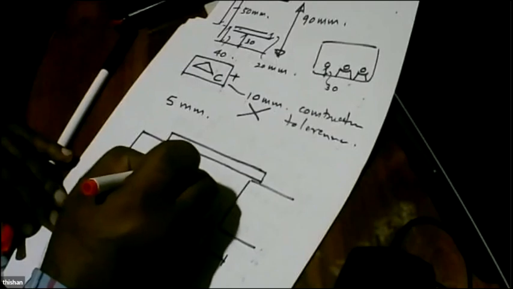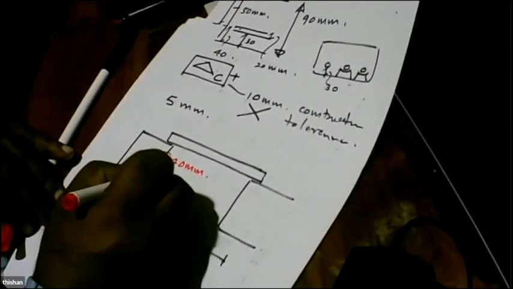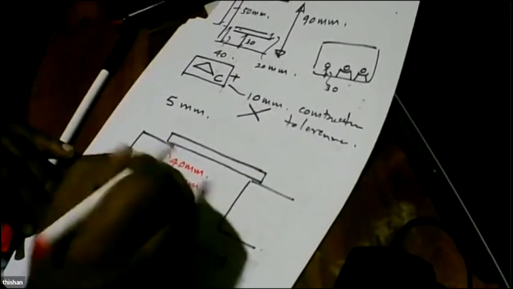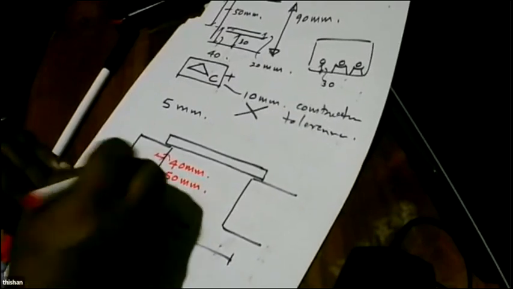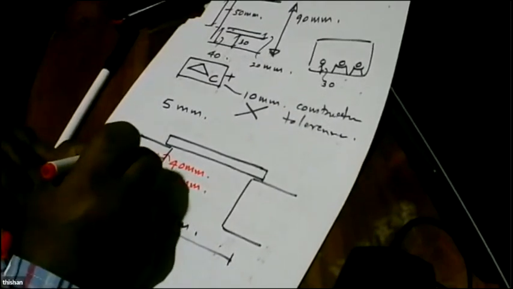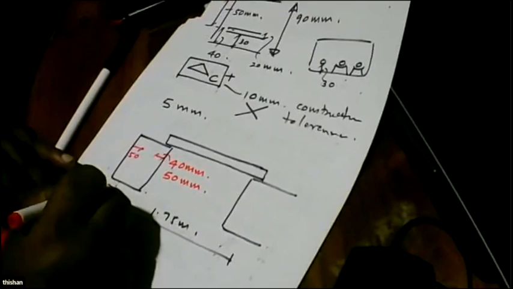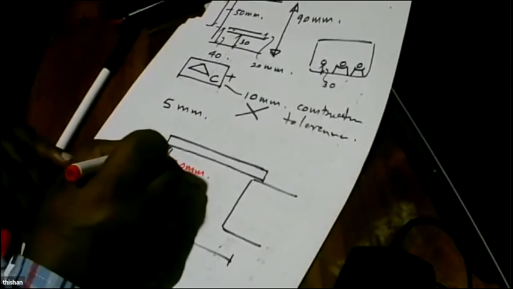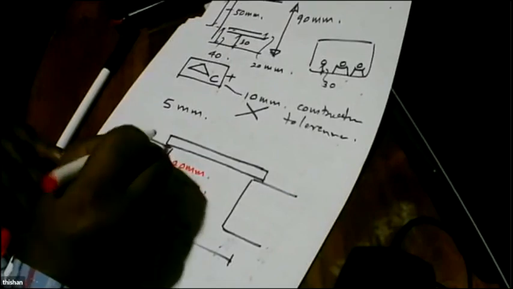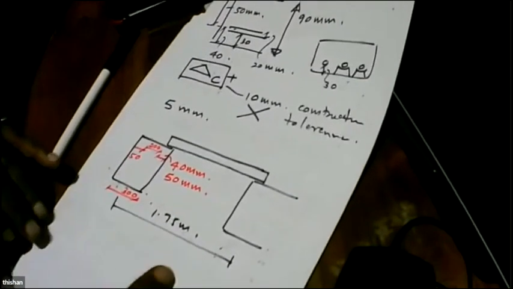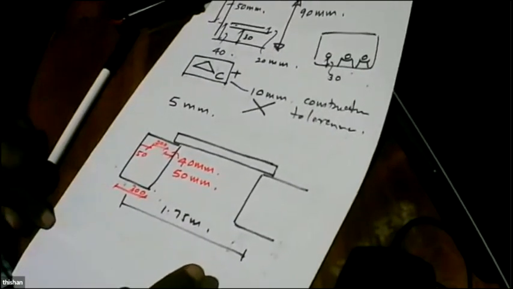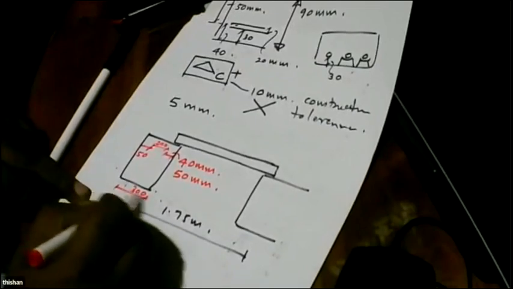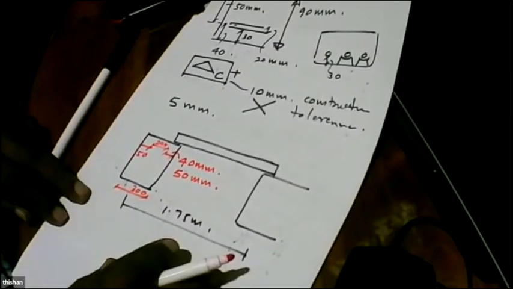The minimum is 40 and you can go up to 50 millimeters. So if you are going to have 50 here and 50 here, then if this is 300, you are going to end up with 200 spacing here. That looks reasonable. And so you can see why we need 300 millimeter instead of 250.